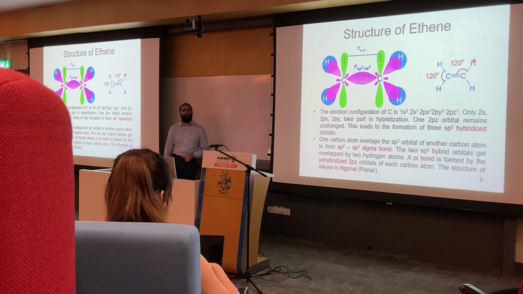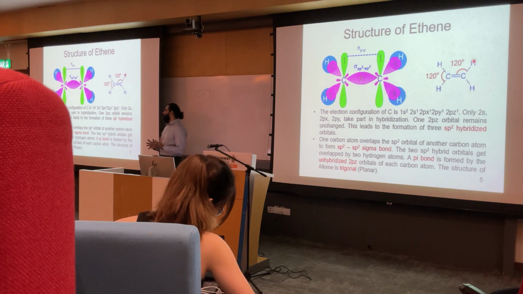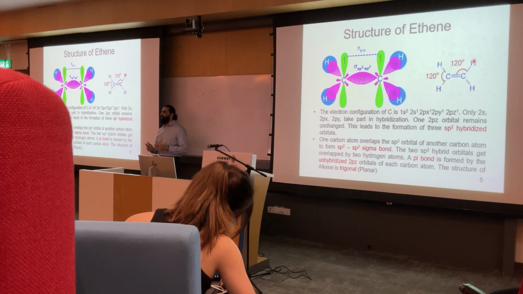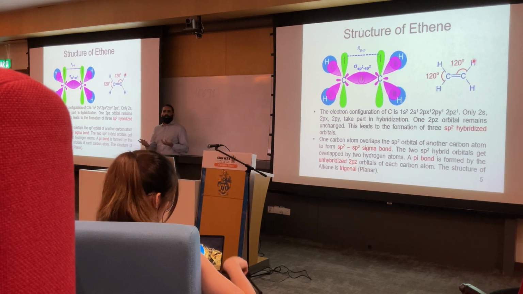The structure of alkene was explained. This is somewhat different from the structure of alkane, so I want you to give some attention to how it is different from alkane.